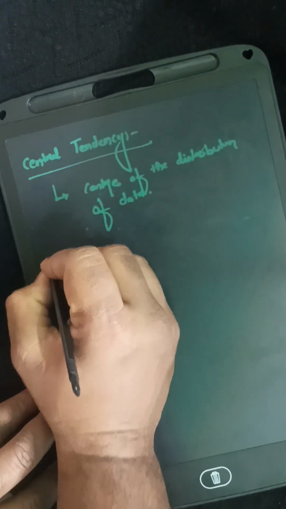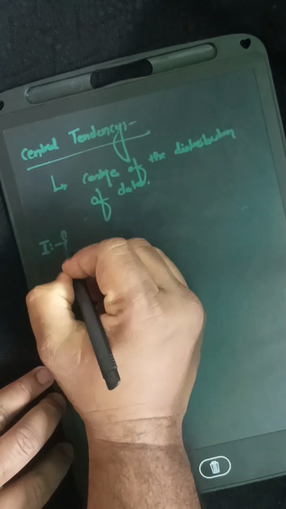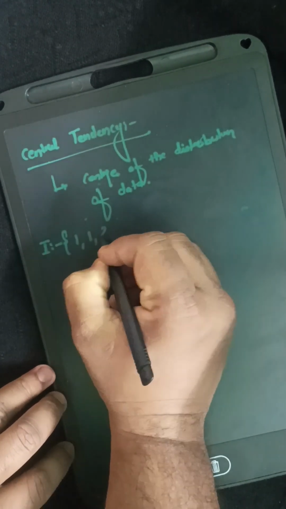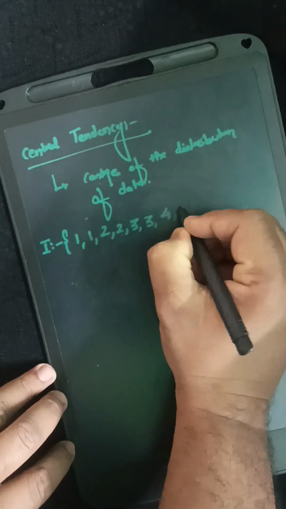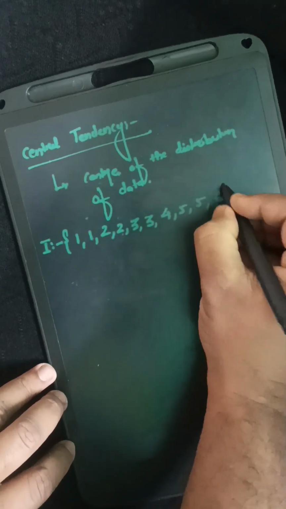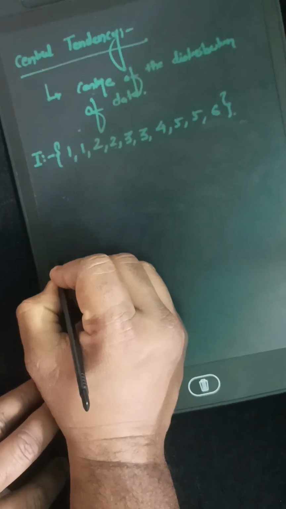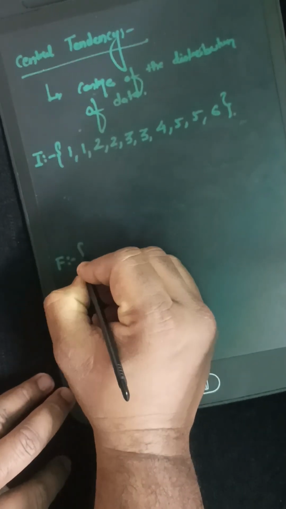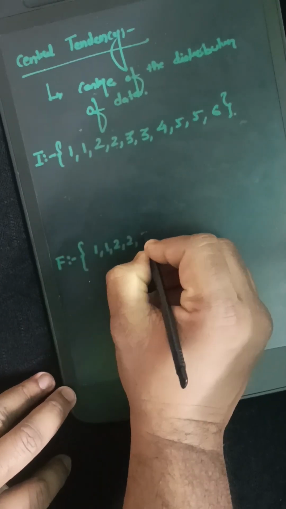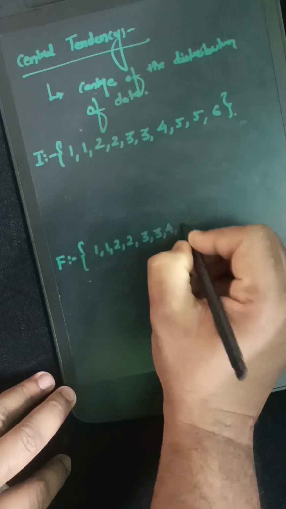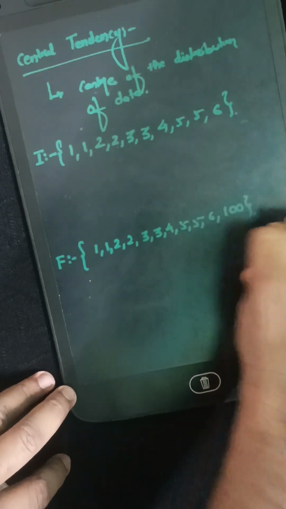Now see, if we have a data set which I'm naming I: 1 1 2 2 3 3 4 5 5 6, and I have another data set F which is 1 1 2 2 3 3 4 5 5 6 100.